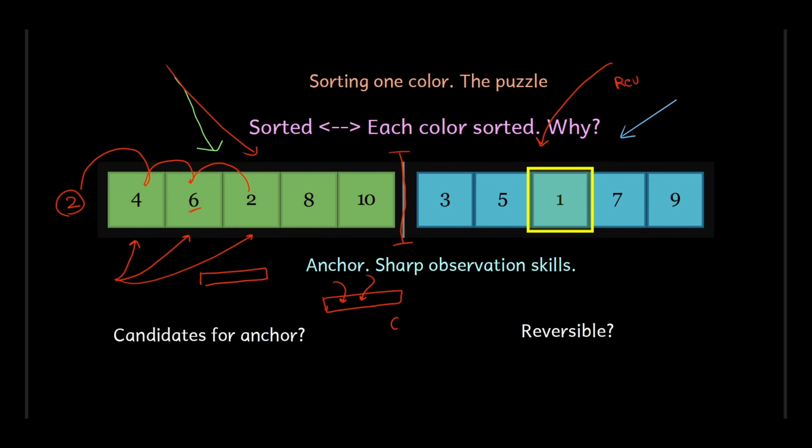Of course, if you have 6 and 2, then when you are doing any reversal of the subarray, either you don't include any of these elements and do a reversal over here, but then the relative position of these two elements does not change. Even if you do a reversal on the left hand side, the relative elements will not change, right?